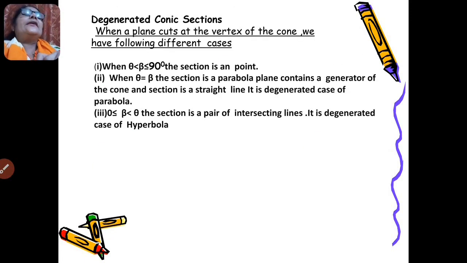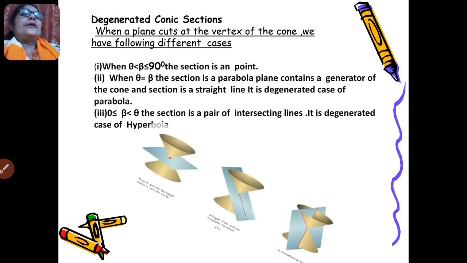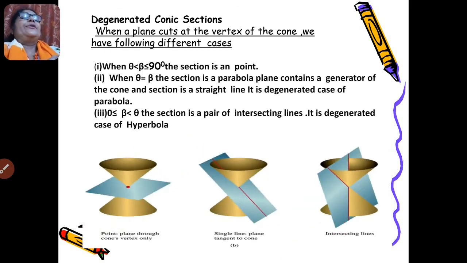Now, degenerate conic sections. Degenerate means when a plane cuts at the vertex of the cone, we have the following different cases. When theta is less than beta, but beta is less than or equal to 90, the section is a point, as you can see in figure 1.